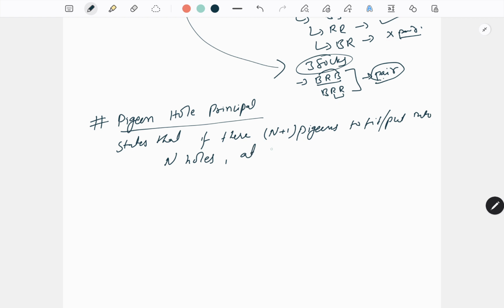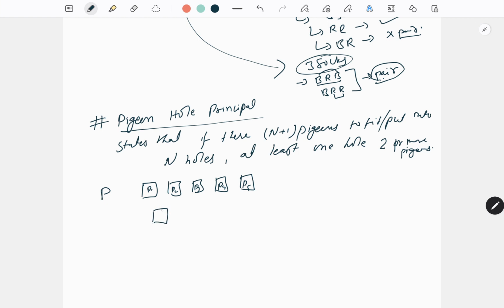Then you will have at least one hole where you will get two or more pigeons. The minimum is two. Let's say you have five pigeons: P1, P2, P3, P4 and P5. And you have four holes: hole 1, hole 2, hole 3 and hole 4.